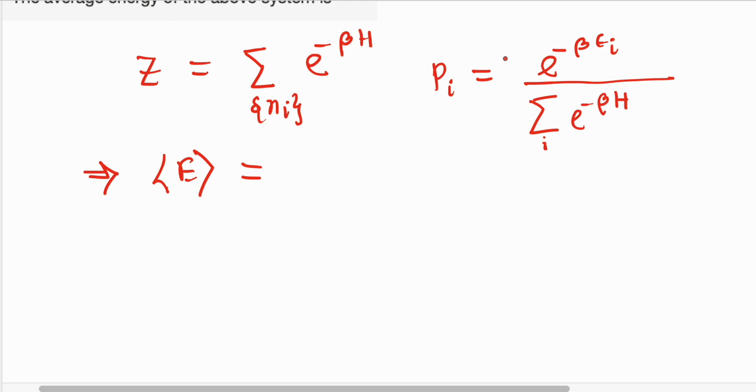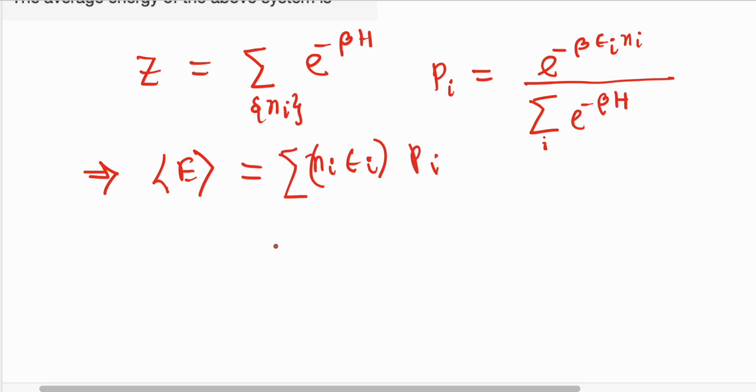That means the average energy of the particle will be, if there are ni number of particles sitting there at energy epsilon i, the total energy at the state i is ni epsilon i, and the probability of the particle being there is pi.